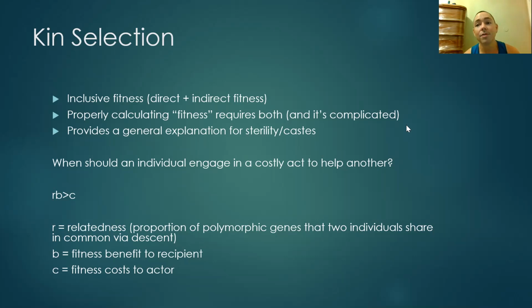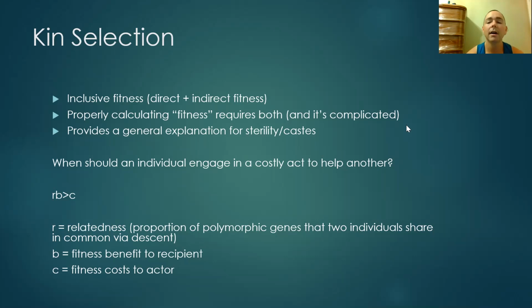So this turns out to be rather important because one, it's an important feature to properly account for the reproductive output of any individual. You have to include both direct and indirect reproductive output to calculate their fitness contribution to the next generation. And two, it helps to explain really weird phenomena like sterile individuals that don't ever reproduce, because they can still achieve significant amounts of fitness by assisting their relatives in reproducing.